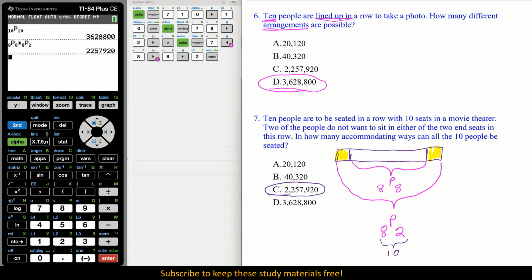But it's not the fundamental counting because they have a larger group of 10 people turning into 2 smaller combinations. But was it a combination? Oh, no, it's not a combination. We know that because the order that the people are seated is in a row, it's an arrangement. So that's kind of how we know what to do.